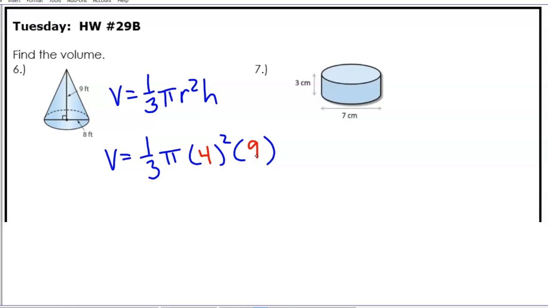So you can write your answers two ways. One is in terms of pi, where you compute the math for this, and that.